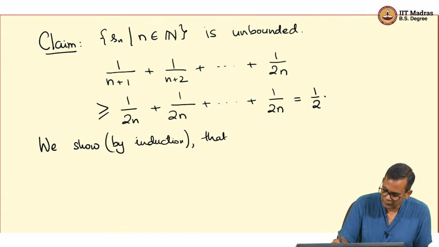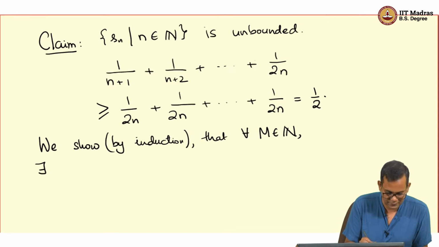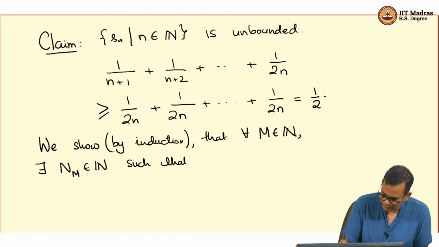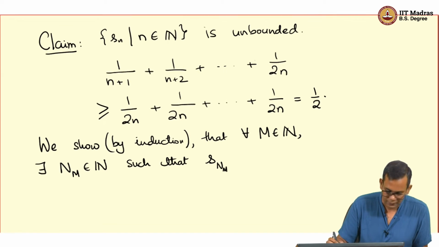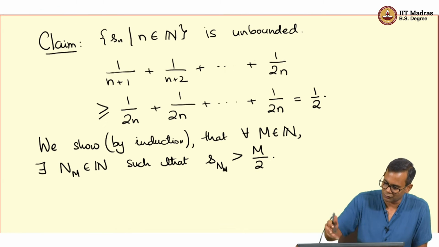We will show by induction that for every natural number m, there exists a natural number n_m such that S_{n_m} is greater than m by 2. Well, I'll put m by 2 here because this block of terms is giving me half.